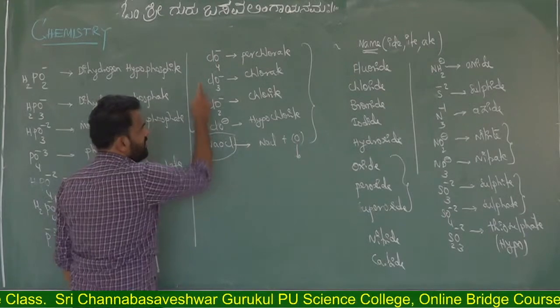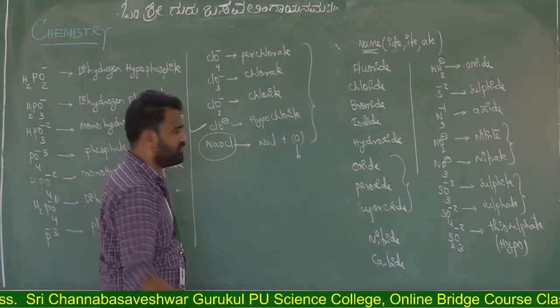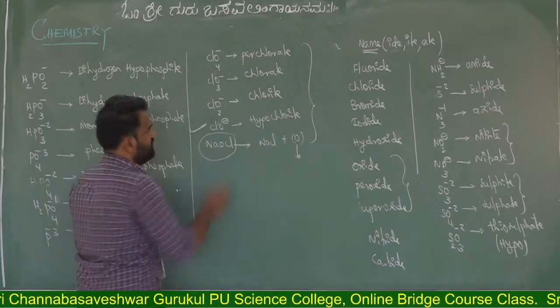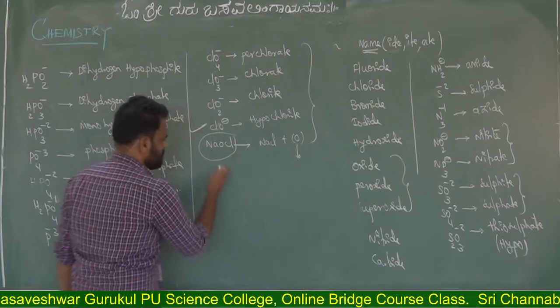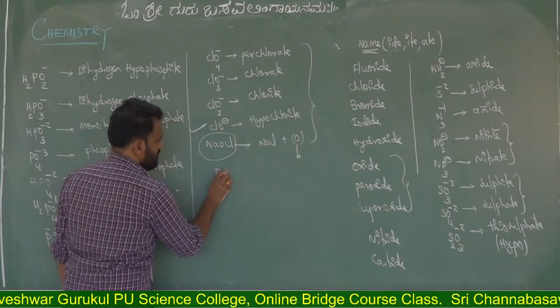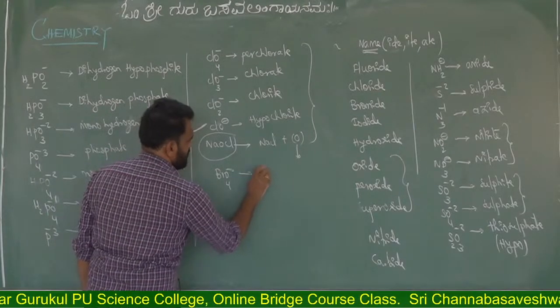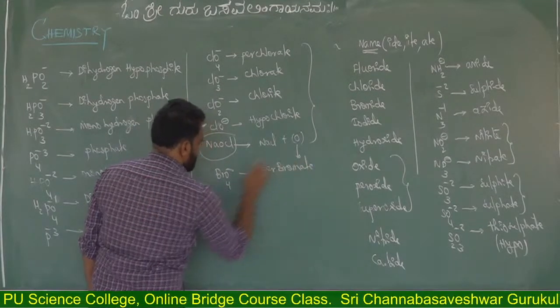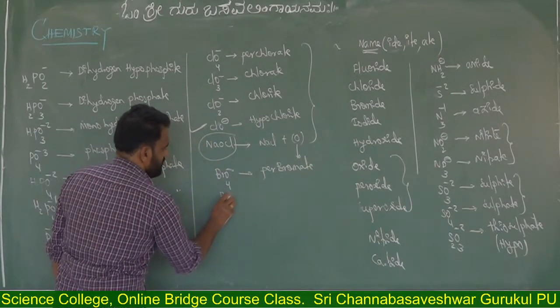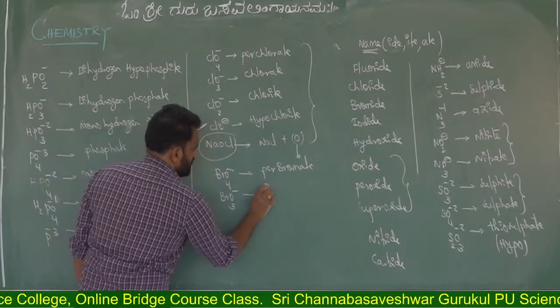Next, instead of chlorine you can take bromine or iodine. With bromine you get perbromate, BrO4 minus, and BrO3 minus, bromate.